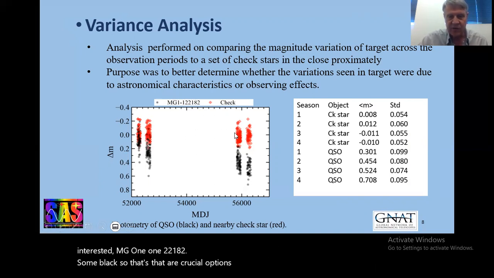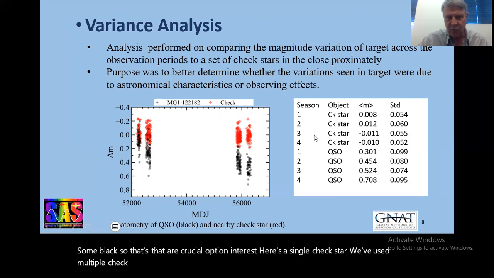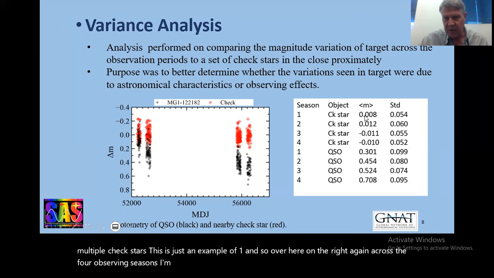That's our QSO object of interest. Here's a single check star; we used multiple check stars, and this is just an example of one. Over here on the right, across the 4 observing seasons, I'm showing the magnitude and standard deviation off the zero mean line of the check star and the QSO.